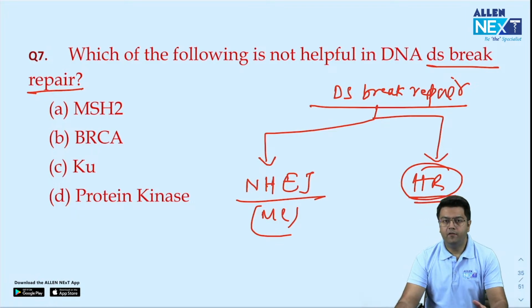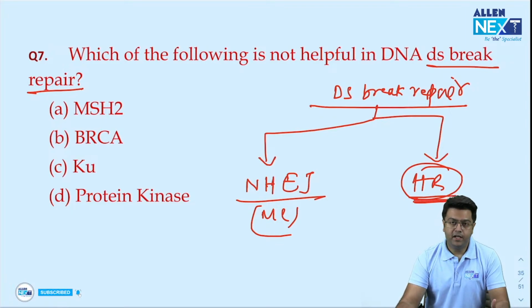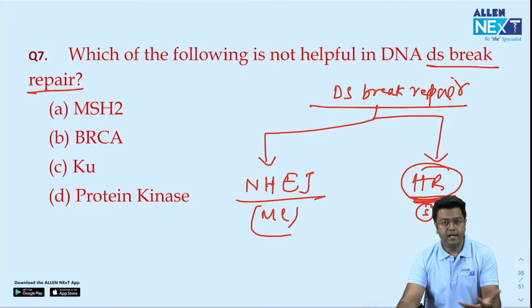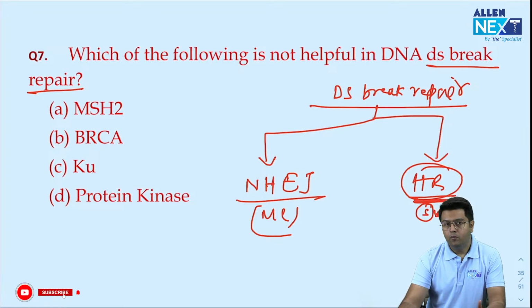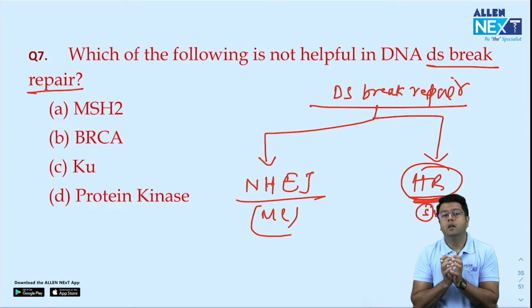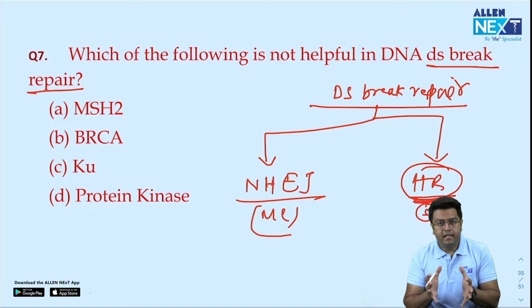Because to repair we have to separate the DNA, and guys, this happens during the S phase of the cell cycle. The cell is rarely in the S phase of the cell cycle; most of the time it is in the other phases, in which the DNA is actually heterochromatin, or very tightly packed.